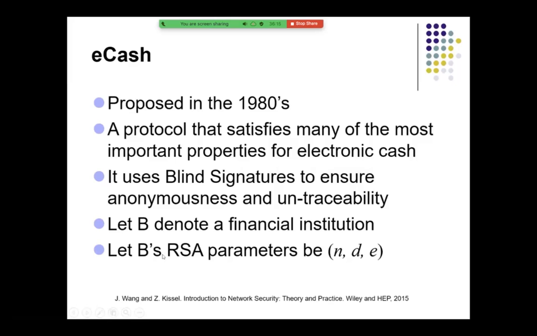And let B's RSA keys be N, D, and E. Again, N is a product of two prime numbers, and E is a public key, such that E is relatively prime to phi of N, and D is the inverse of E modulo phi of N, meaning D times E is congruent to 1 modulo phi of N.